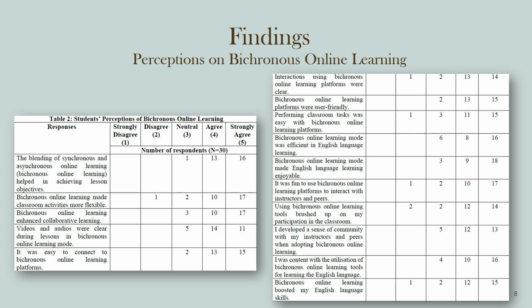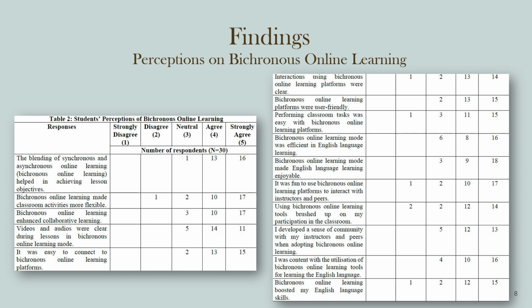The outcomes also inferred that 90% of the respondents perceived classroom activities as flexible and collaborative learning was enhanced with a bichronous mode. In addition, 83.3% of the students opined videos and audios were clear when learning online bichronously.